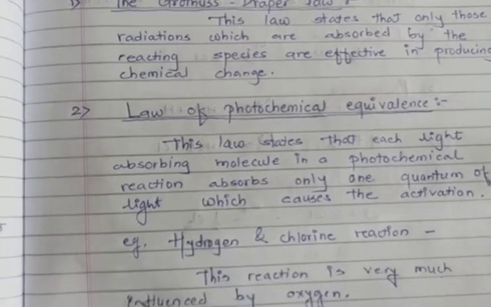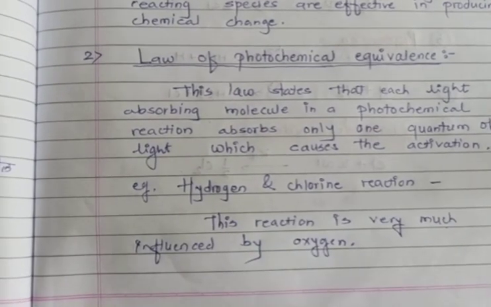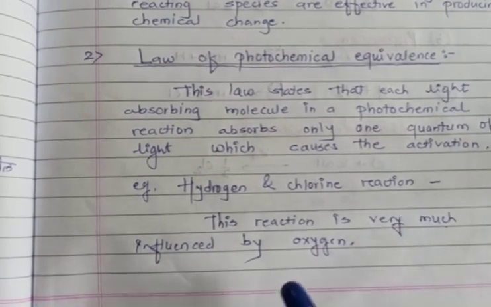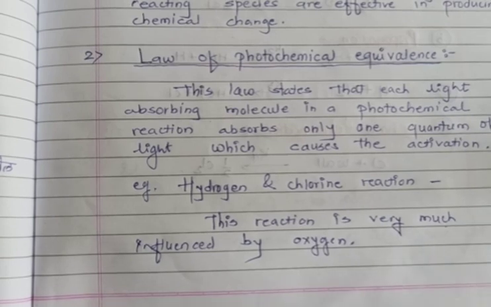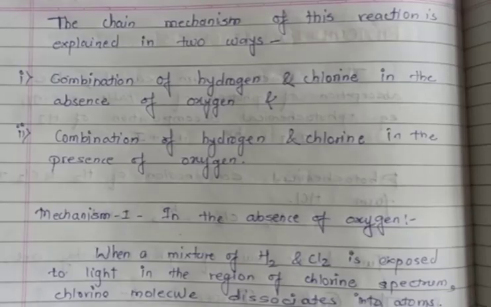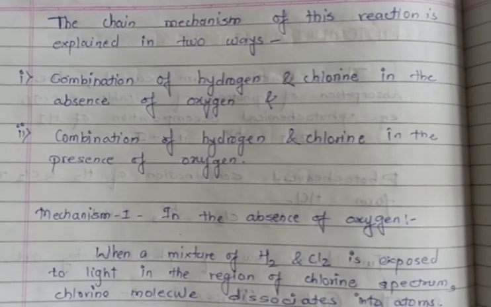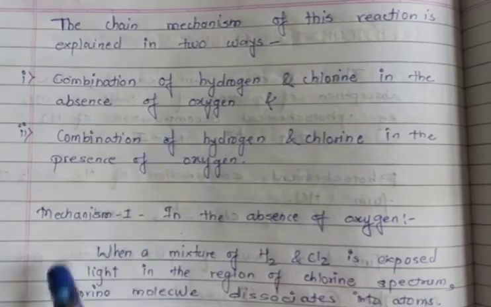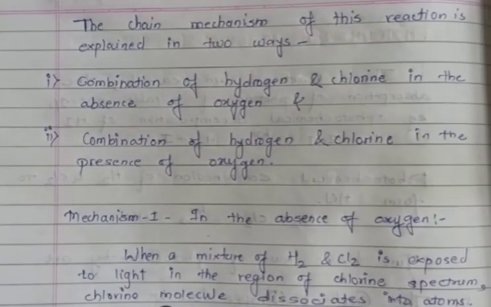For example, the hydrogen and chlorine reaction. This reaction is very much influenced by oxygen, and for the reactions which are influenced by oxygen we can see the reaction kinetics. See, the mechanism of this reaction is explained in two ways.